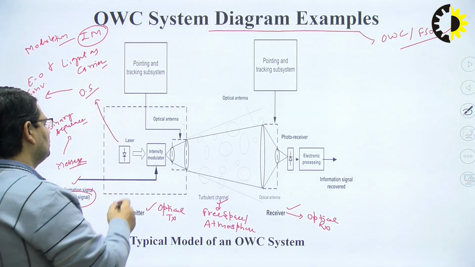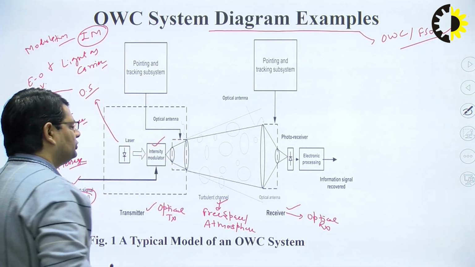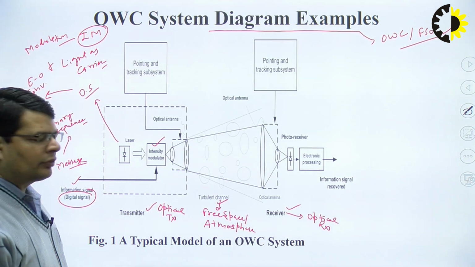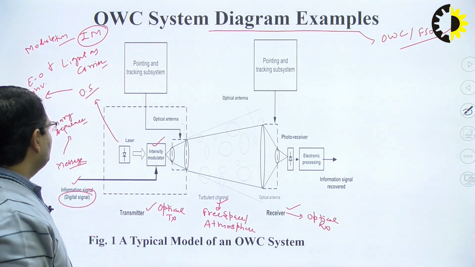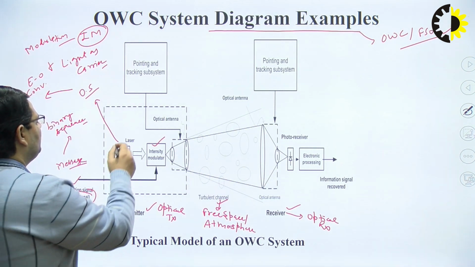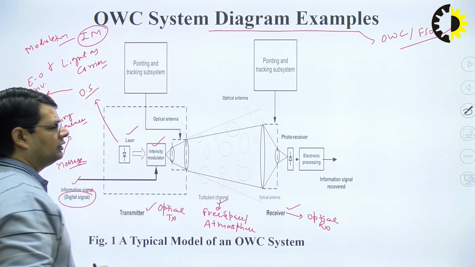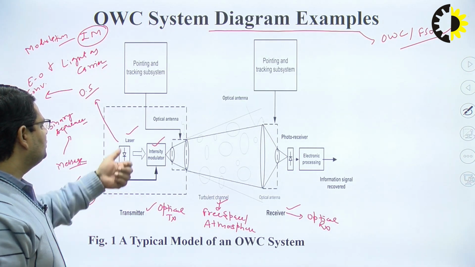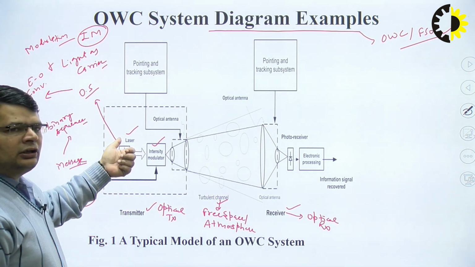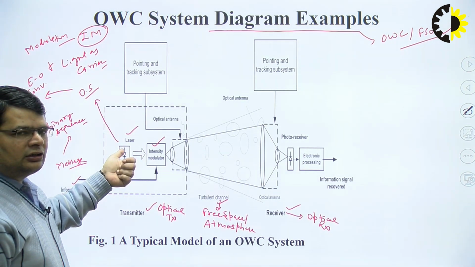So here the intensity modulator is also used. So basically, the optical source used here is laser. So laser is used as a light source or as a carrier signal.